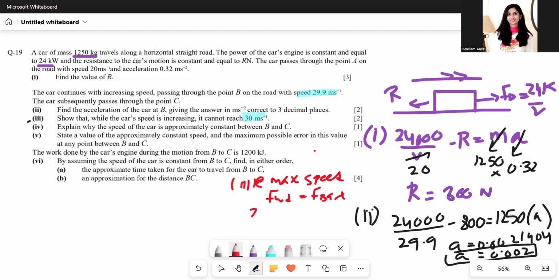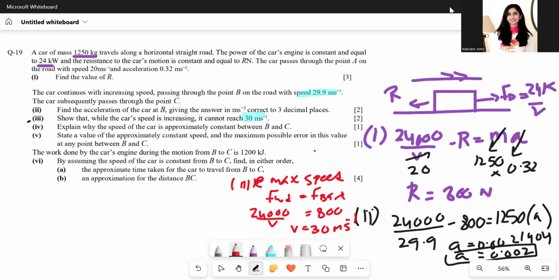Forward force is 24,000 upon V, backward force is 800. And this shows that the maximum V can be 30, so the speed of this car cannot exceed 30.